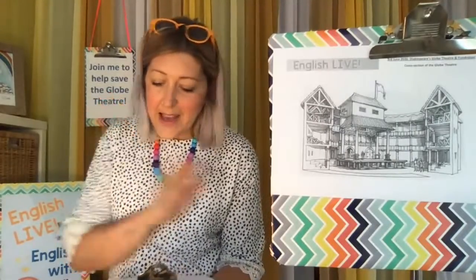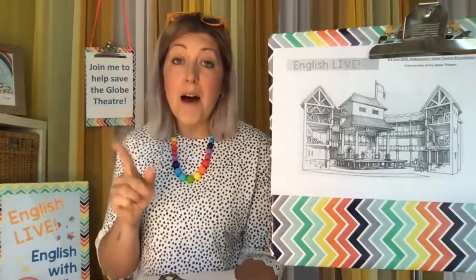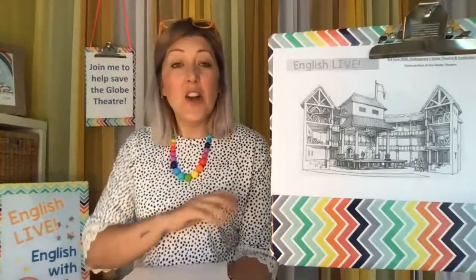So 2 years later, after it reopened, Shakespeare died. So he died in 1616. But the Globe lived on, and lots of different plays were performed there, not just his plays, but as he gained more popularity for his wonderful plays, their intricate plots and really beautiful language, it did become the home of Shakespeare's plays.